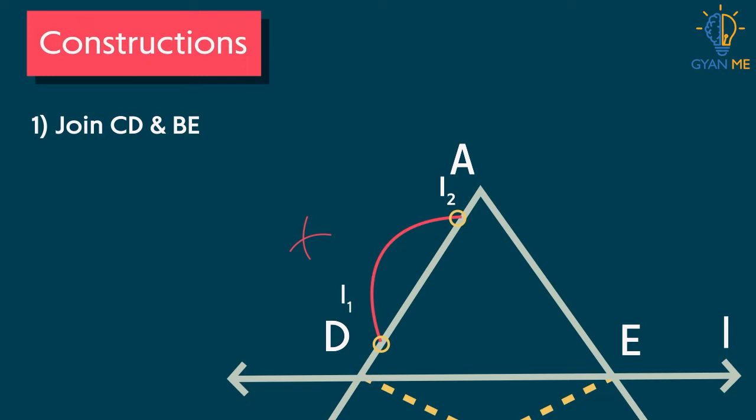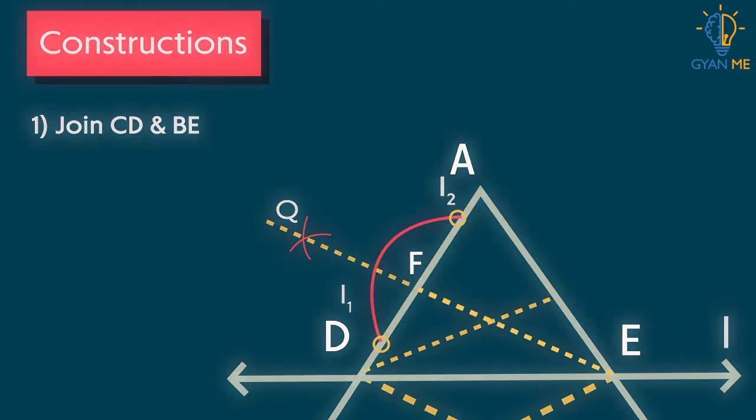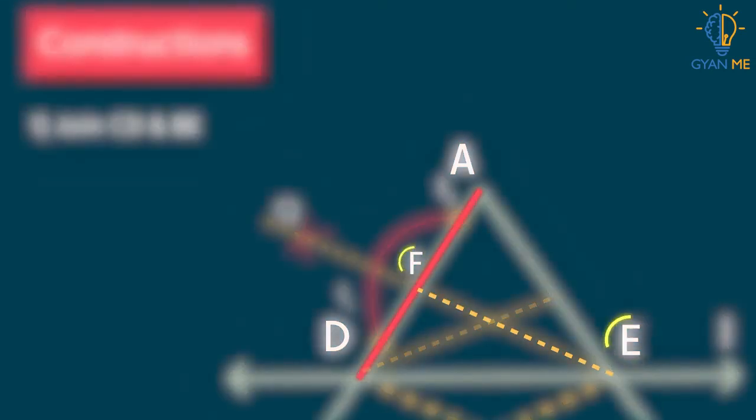Now name the point Q where both these arcs intersect. Draw a line from E, that is the vertex of the triangle, to this point of intersection Q. The point where this line intersects the side AD is point F. And this line EF is perpendicular to side AD.